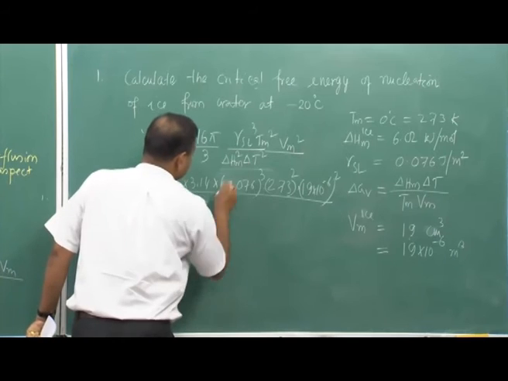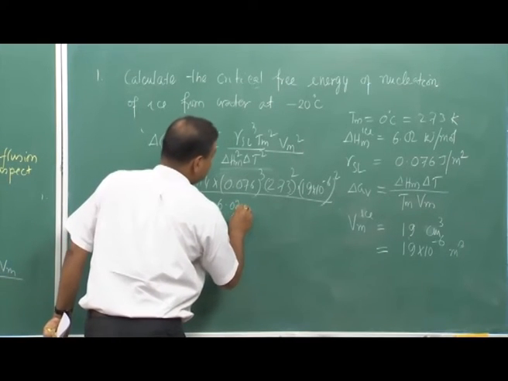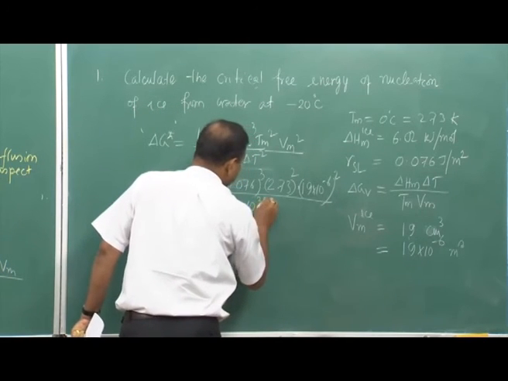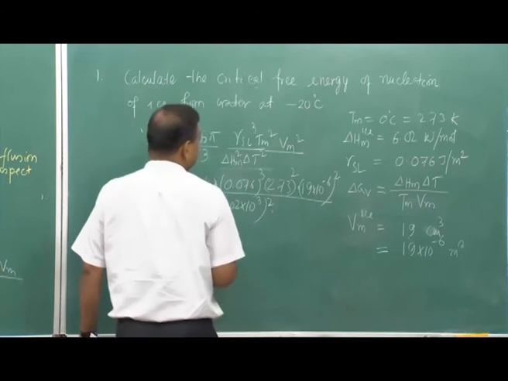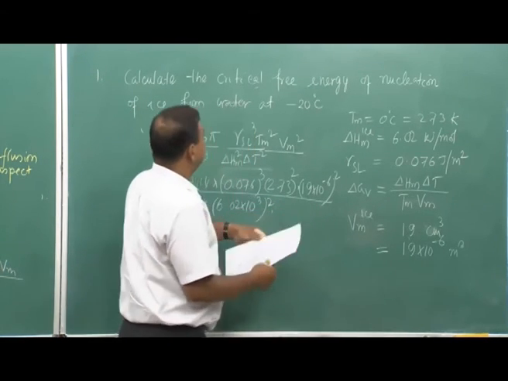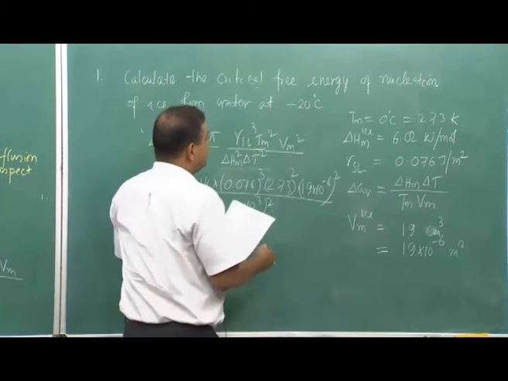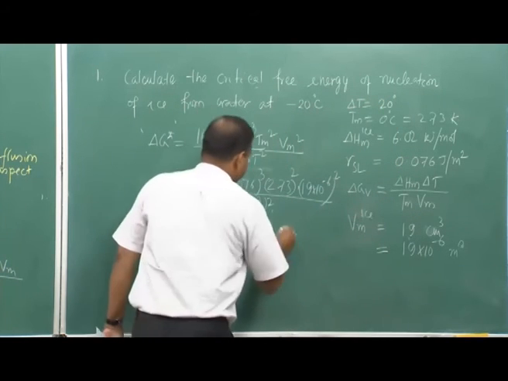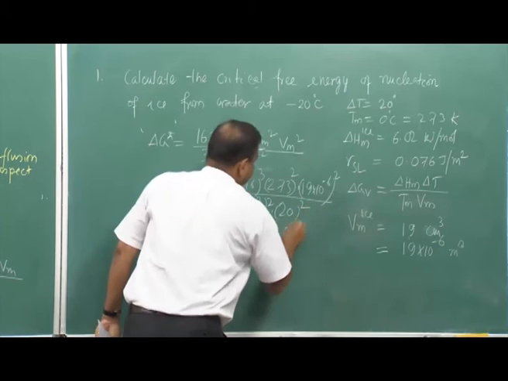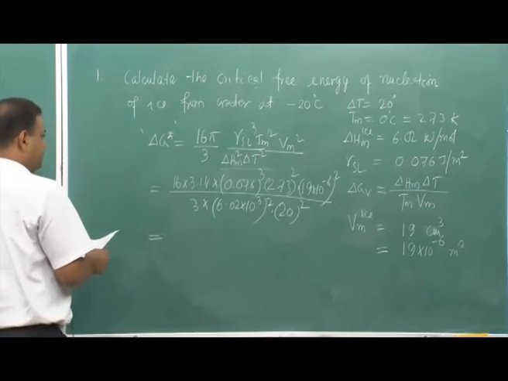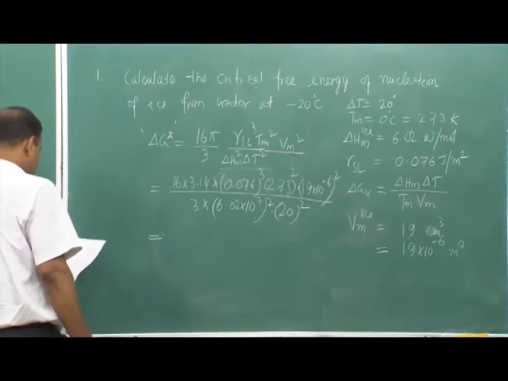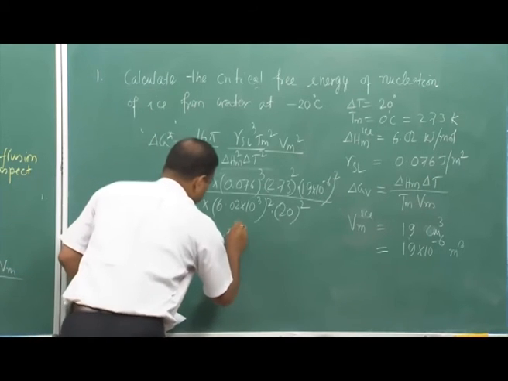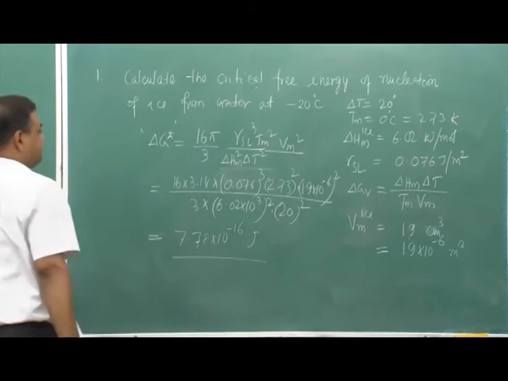Then 3 into 6.02 into 10 to the power 3, since it is kilojoule, square. Here I am saying minus 20 degree Celsius, so my delta T would be 20 degree, that means 20 Kelvin, square. Now if you do this simple calculation, you would get 7.78 into 10 to the power minus 16 joule. So, this is the expression.